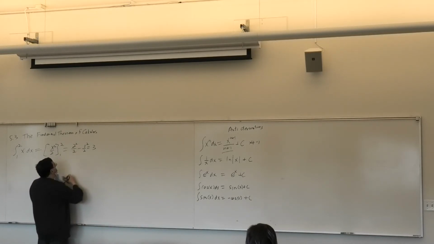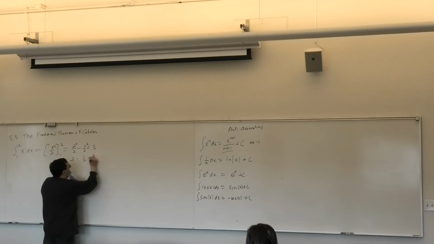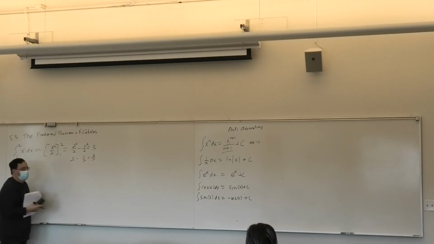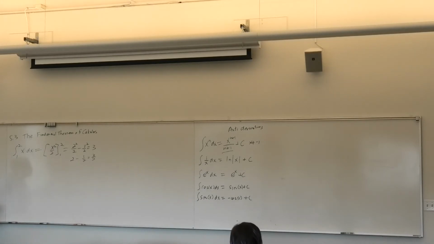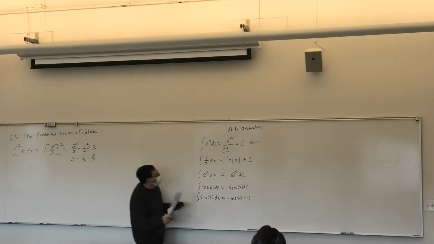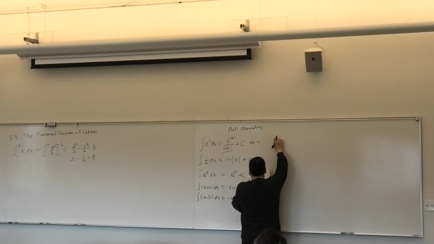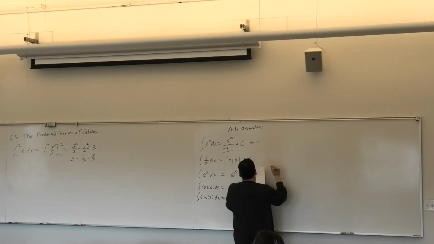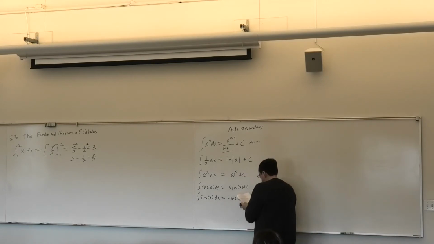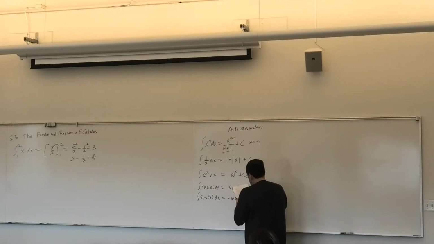Okay, this is just 2 minus a half. It's 3 halves, is that right? Okay. Thank you. All right. I want to add something next to this because I think it's an important form you see.